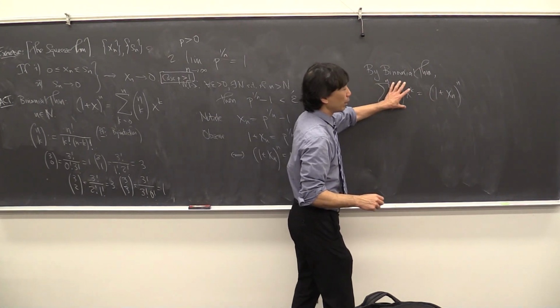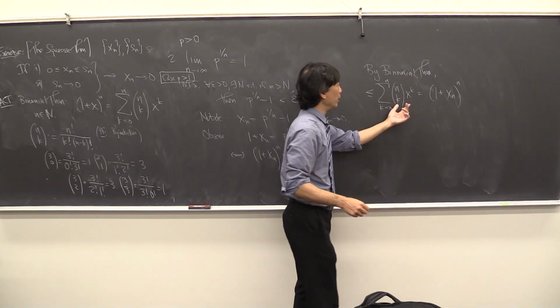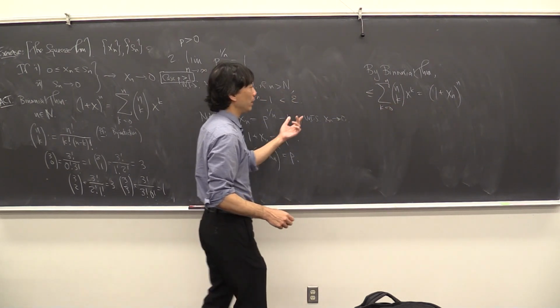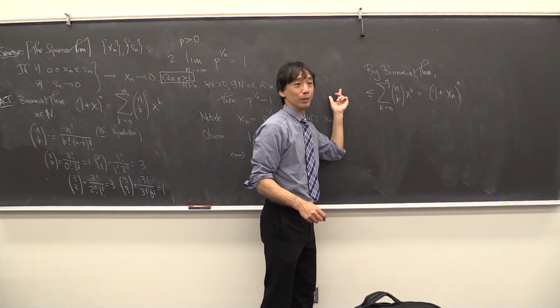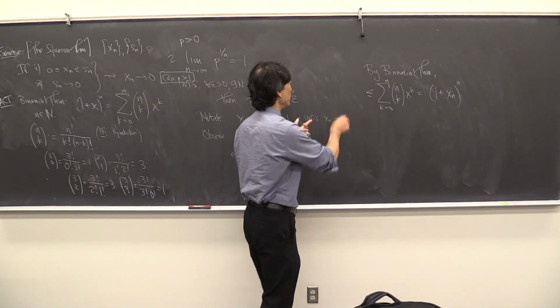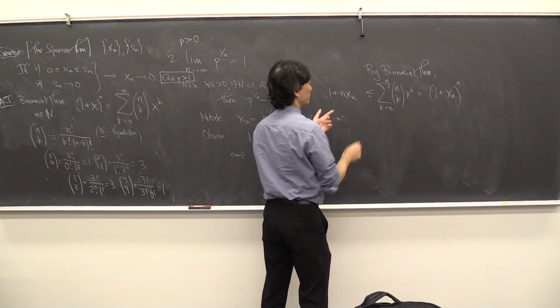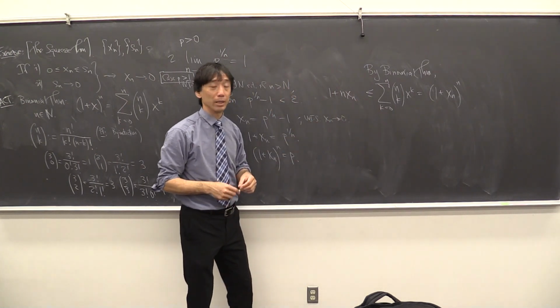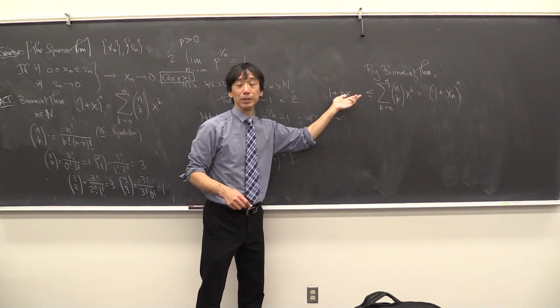But I'm not going to care about that. I'm going to throw out everything except for the constant and the first power term. So this is going to be 1 plus n x sub n.